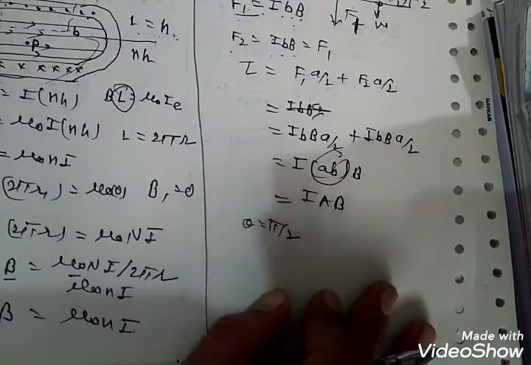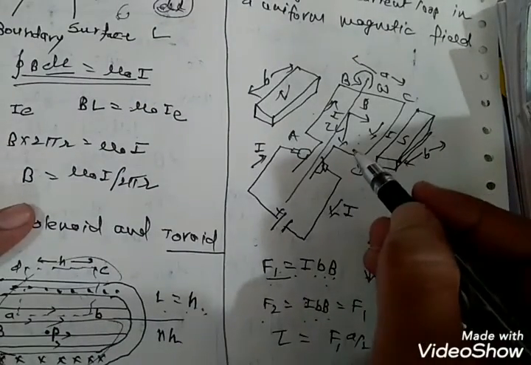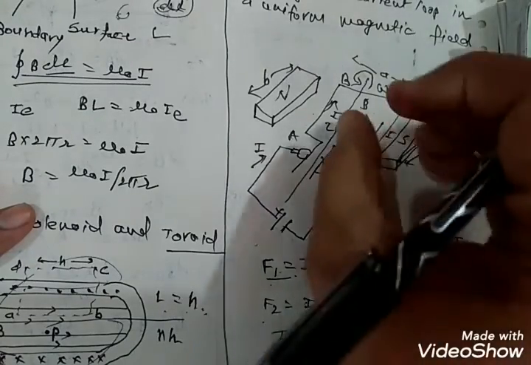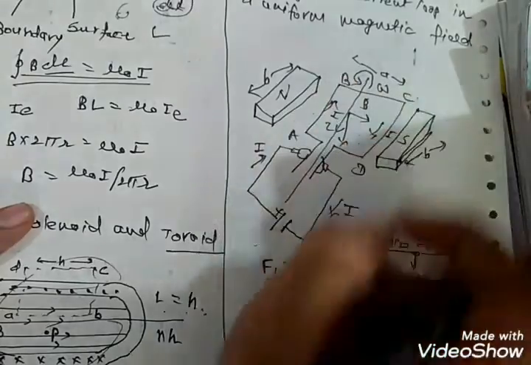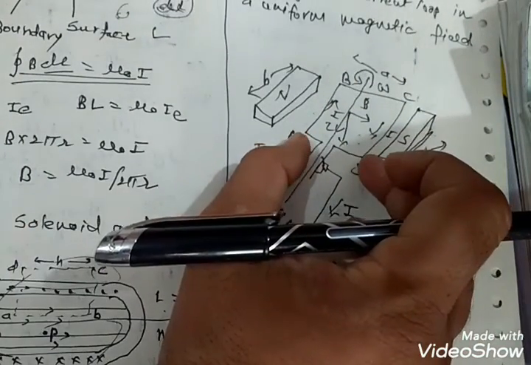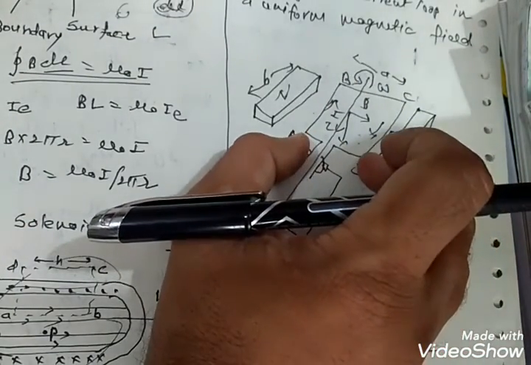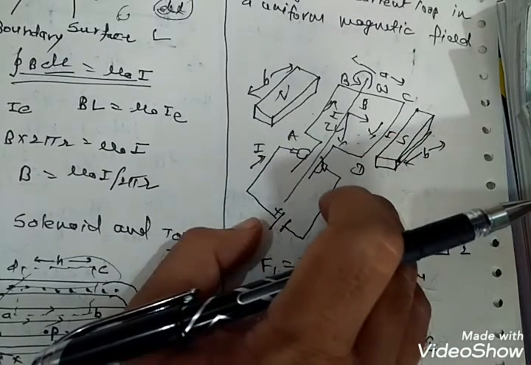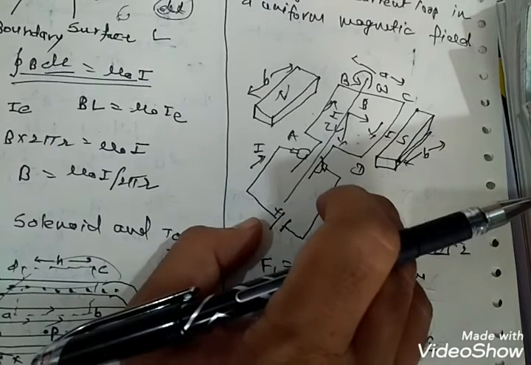Now the forces on the arms BC and DA are equal and opposite and act along the axis of the coil, connecting the centers of mass of BC and DA.